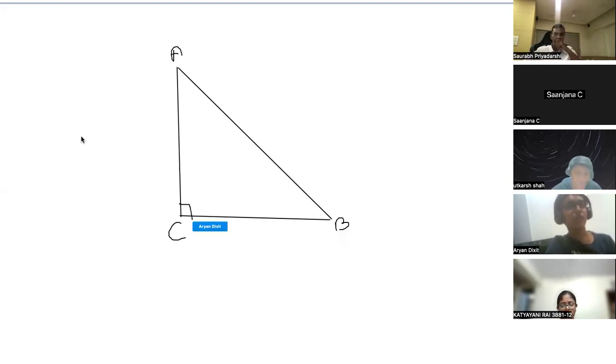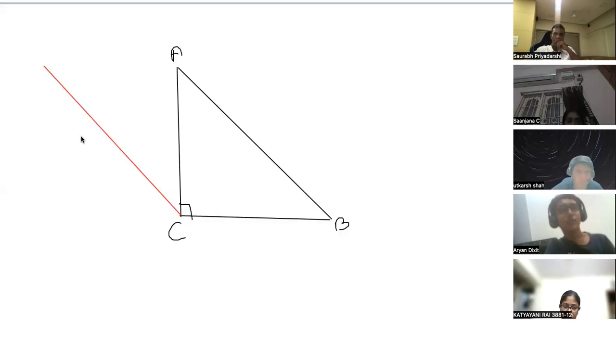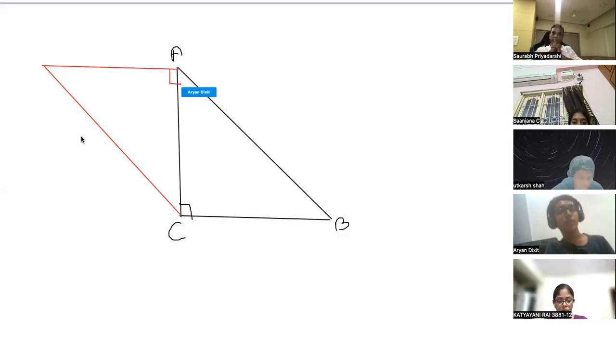Instead of just extending CD till here, I extended it fully so that it would become a parallelogram. Then we would get to know that this would also be 90 since we have a parallelogram here, by alternate angle theorem.